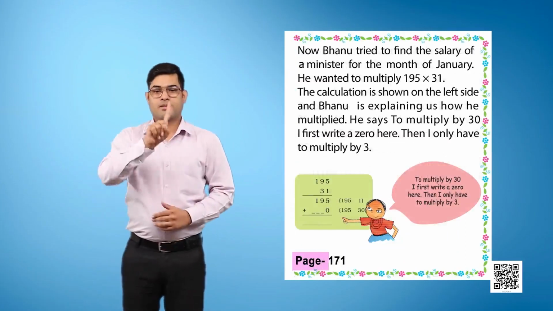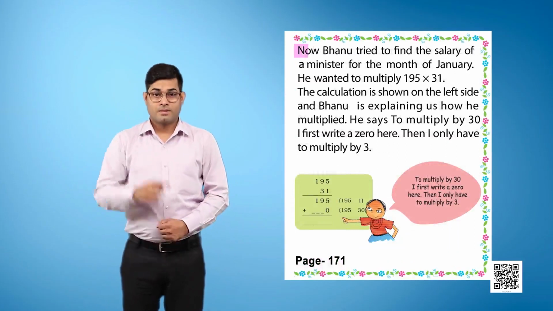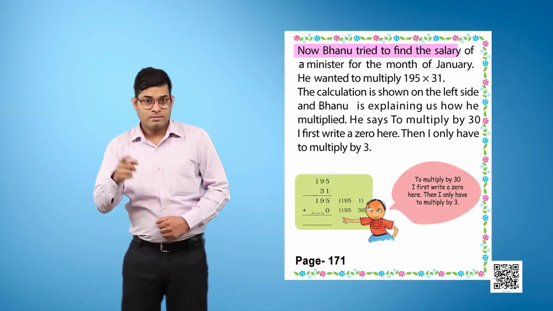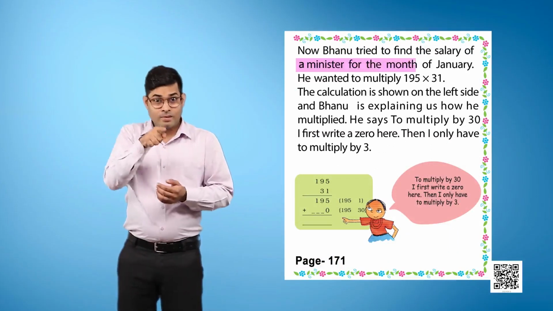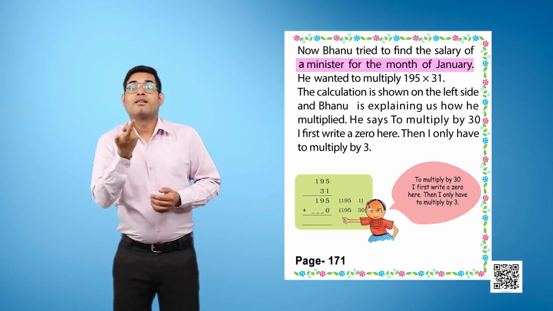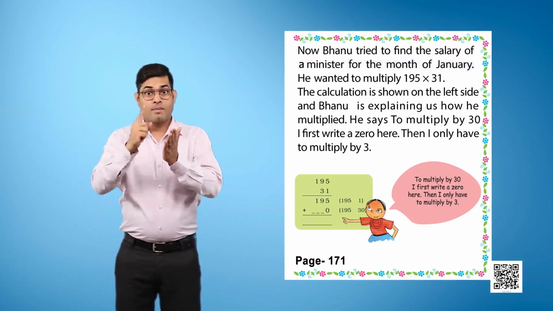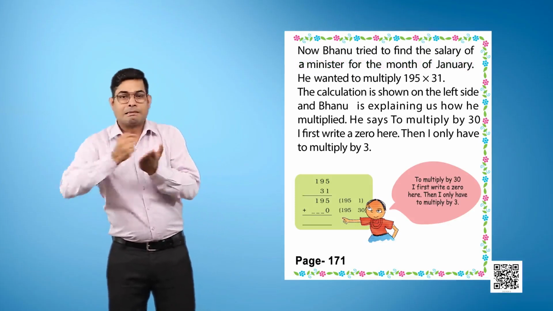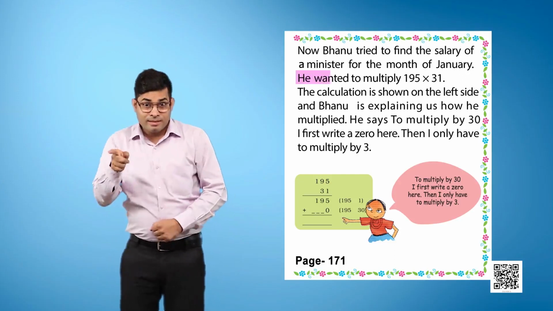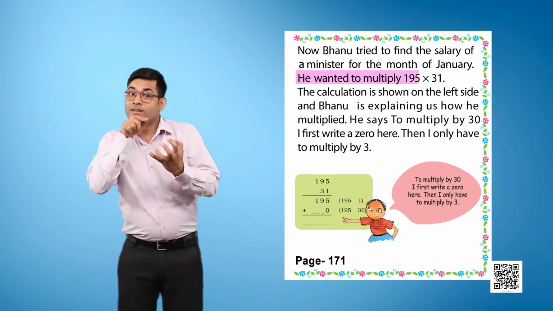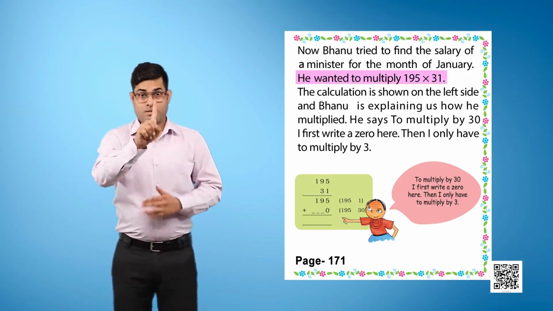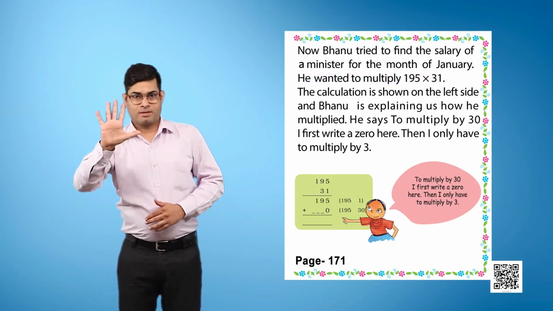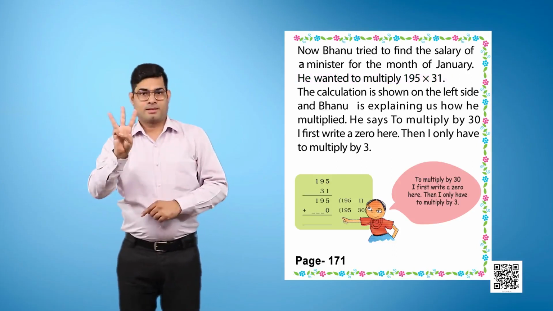Page 171. Now, Bhanu tried to find the salary of a minister for the month of January. He wanted to multiply 195 by 31.